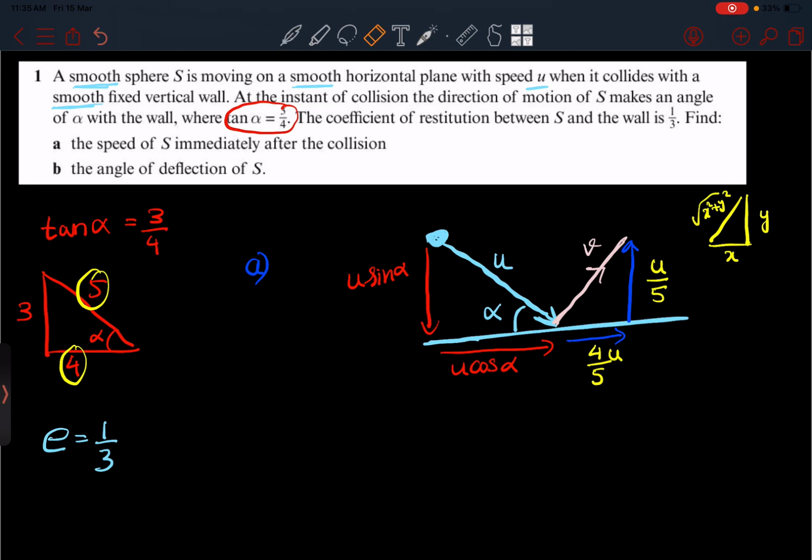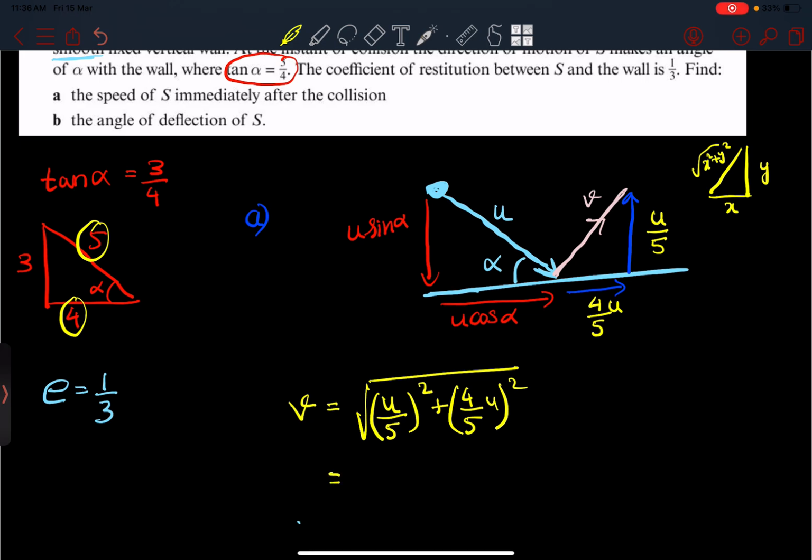So the speed at which it is moving after the collision is the square root of (U over 5) squared plus (4 over 5) squared. I can pull out the U: square root of 1 over 25 plus 16 over 25.